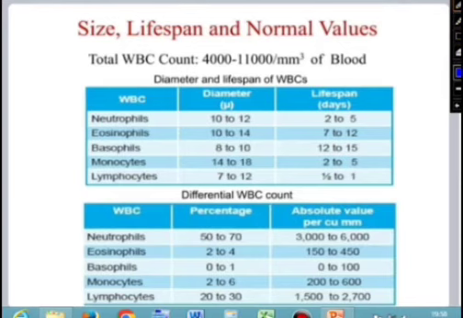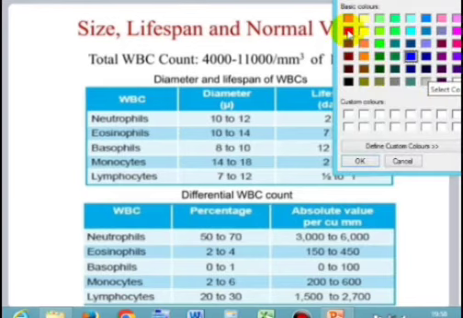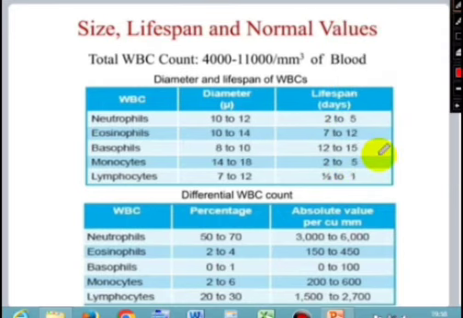So we begin with the neutrophils. Neutrophils have a diameter of 10 to 12 microns. Alright, the diameter.